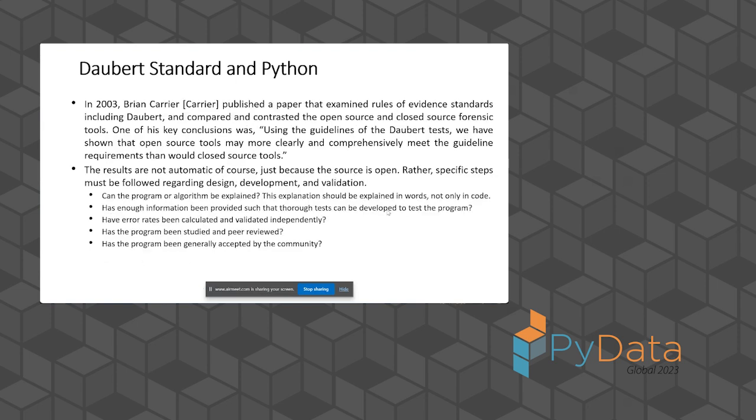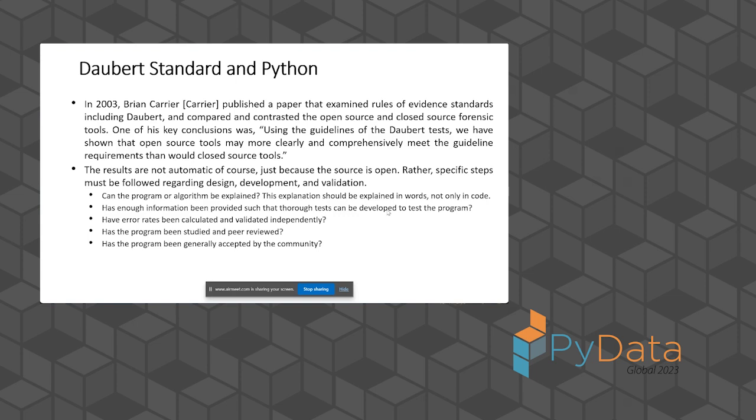In this slide, we'll see how the illustrative factors mentioned in the previous slide are related to Python, or how they can be mapped one-to-one with the Python programming language. In 2003, Brian Carrier published a paper that examined rules of evidence standards, including Daubert, and he compared and contrasted open source tools and closed source tools.